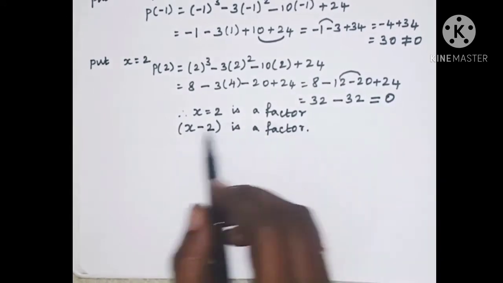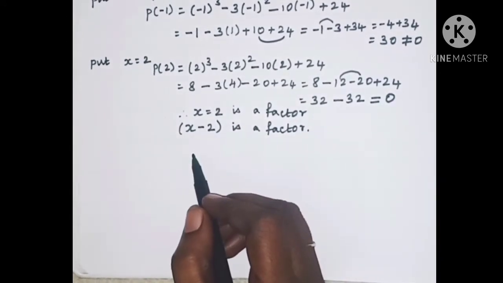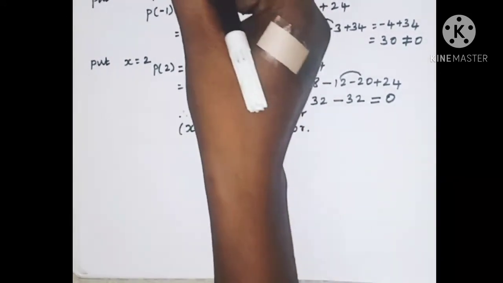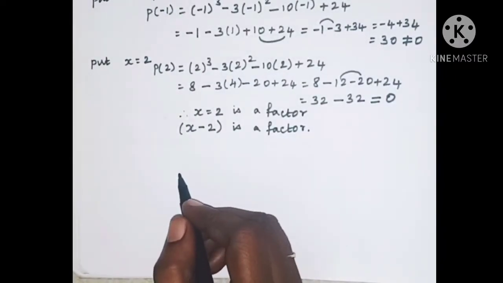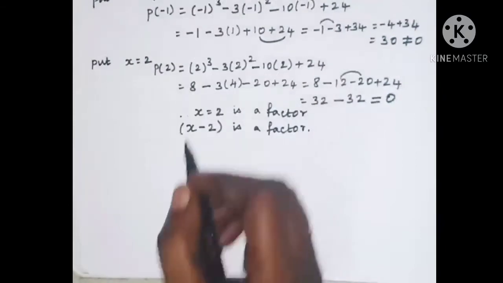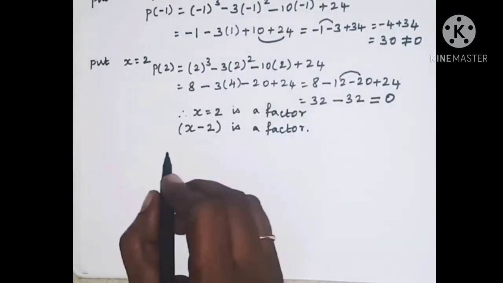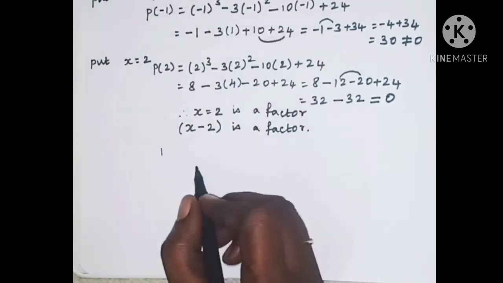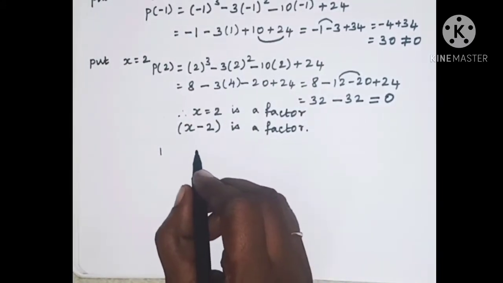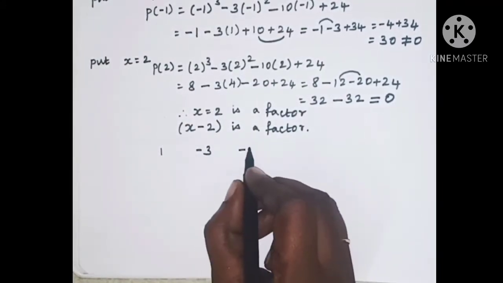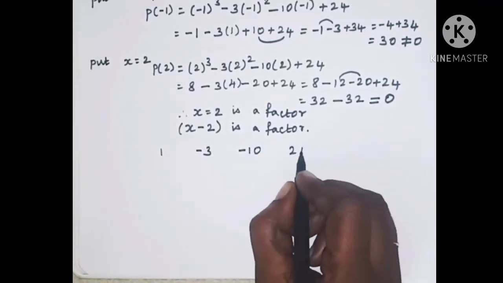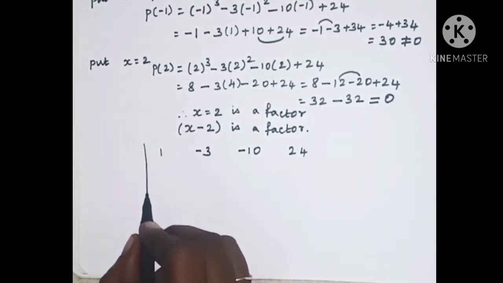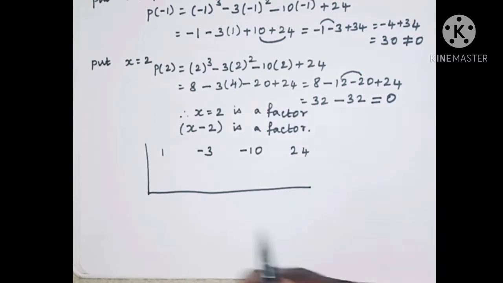Now in the last exercise we have learnt about the synthetic division method, factorizing using the synthetic division method. Now write the coefficients first. So the coefficients in the given expression are 1, minus 3, minus 10 and plus 24, isn't it?